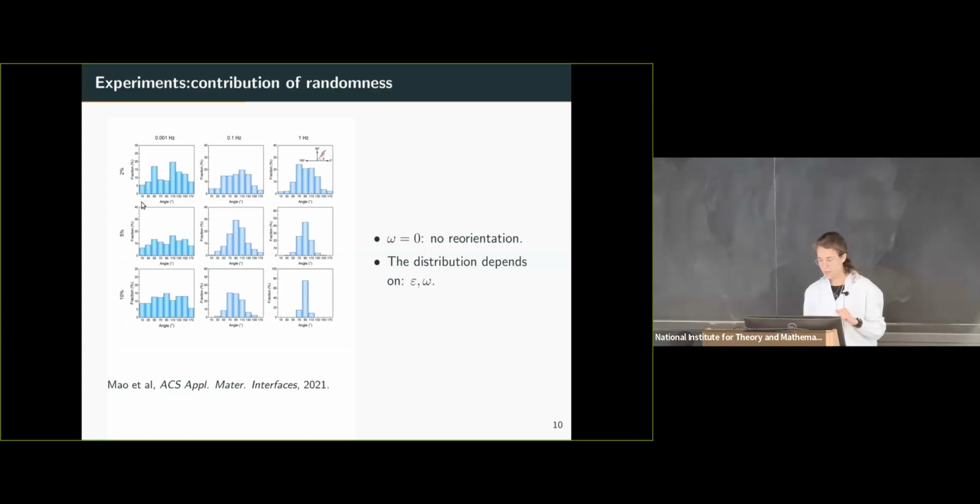But the statistical distribution of your data largely depends on both the strain and the frequency. Not only does the equilibrium depend on epsilon, but also the broadness of this distribution. When increasing your strain, you have more peaked distributions, and the same happens when increasing frequency.